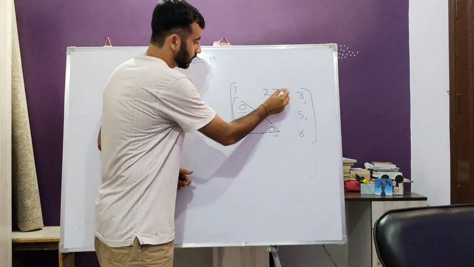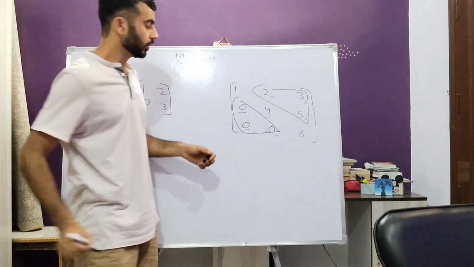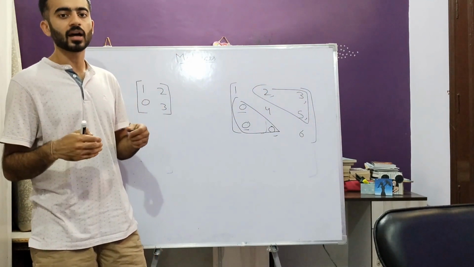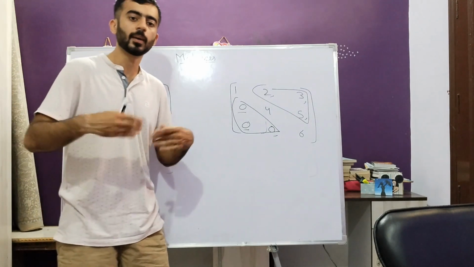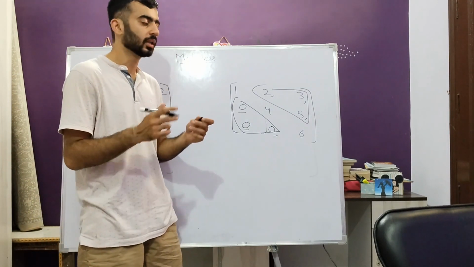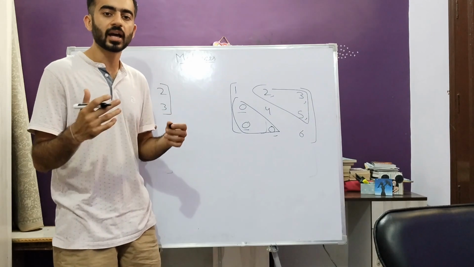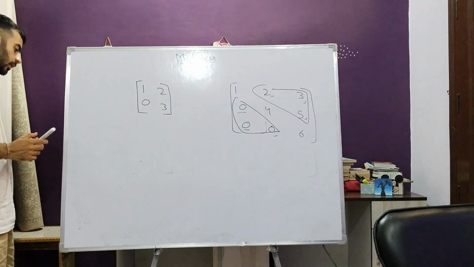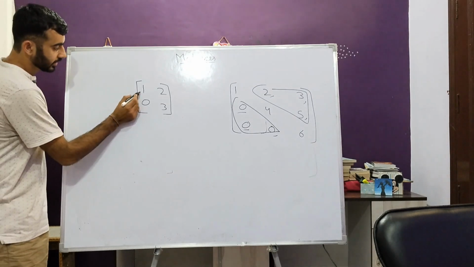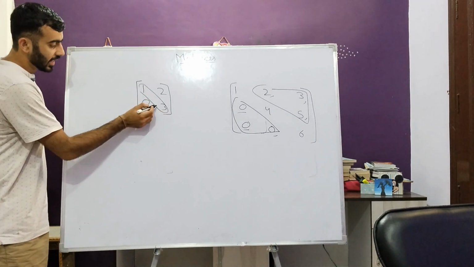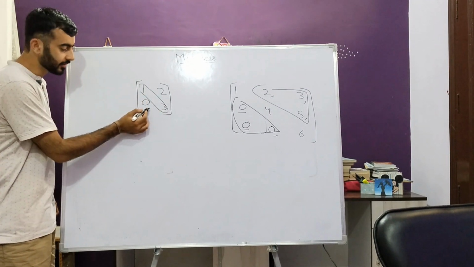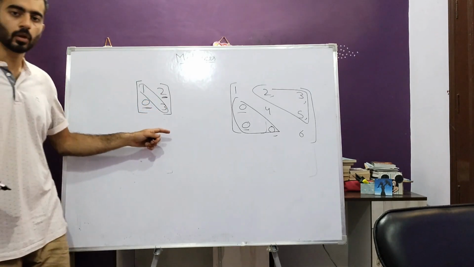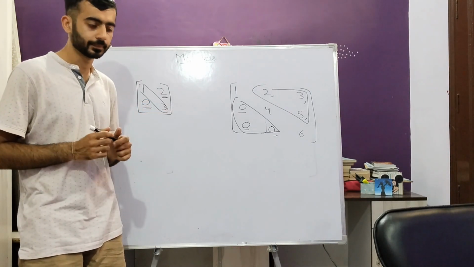When the elements below the diagonal are 0, whereas the elements above the diagonal are non-zero, those are called an upper triangular matrix. Here too, the elements below the diagonal are 0 and above are non-zero, so it is also an example of an upper triangular matrix.